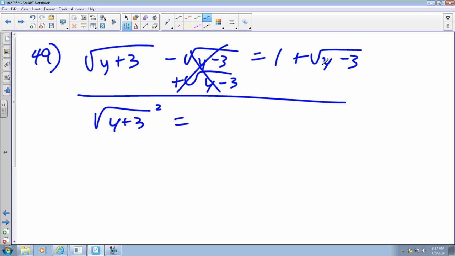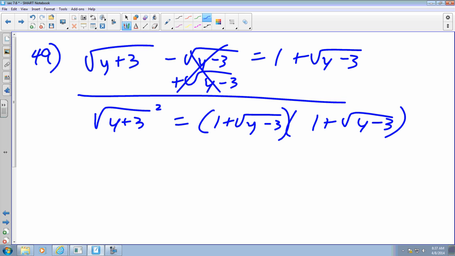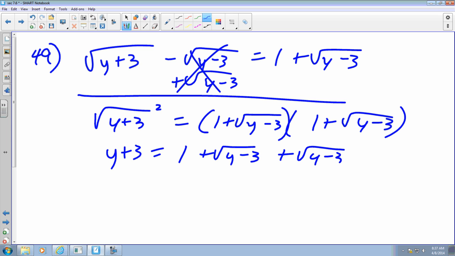On the other side, squaring the binomial means to multiply it by itself. This side, square root, square, opposite operations, they just go away. This side we need to FOIL: 1 times 1, plus 1 times the square root, plus 1 times the square root. And then square root times square root gives me y minus 3.